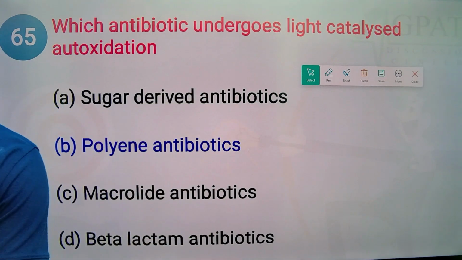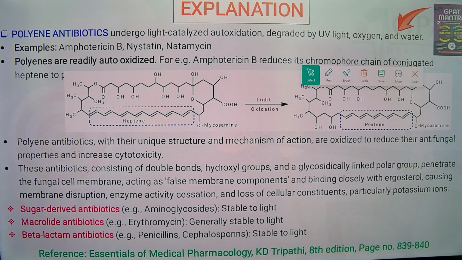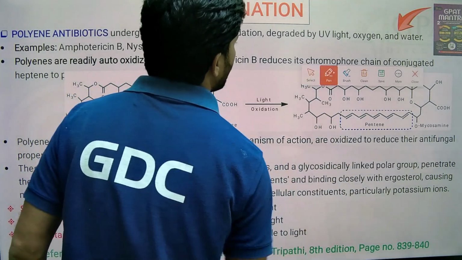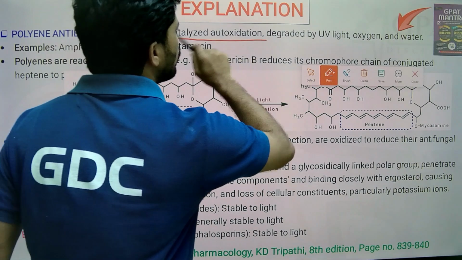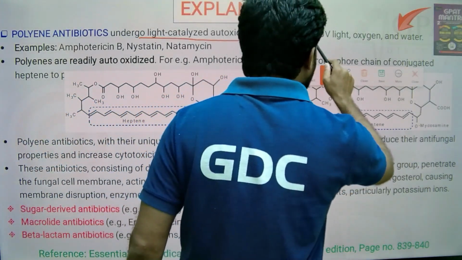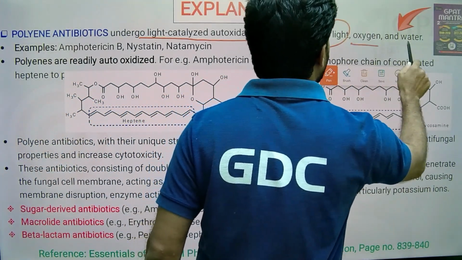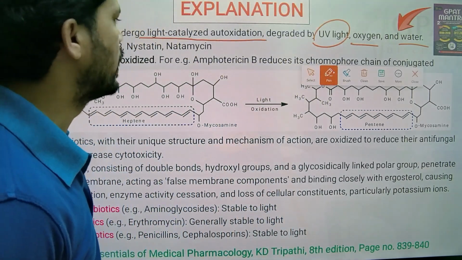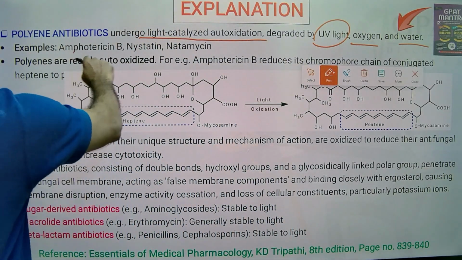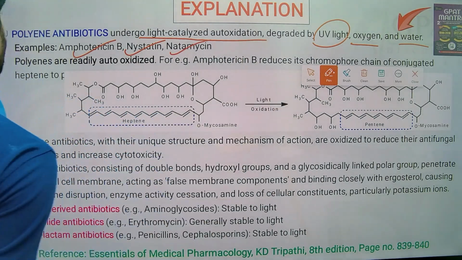So let's have an explanation. You will get more clarity. Polyene antibiotics undergo light catalyzed auto-oxidation and degrade in the presence of UV light, oxygen as well as water. Examples are amphotericin B, nystatin as well as natamycin.